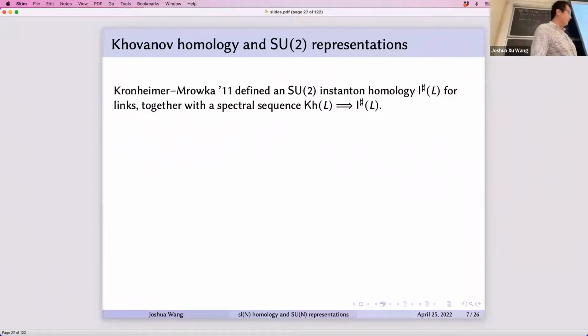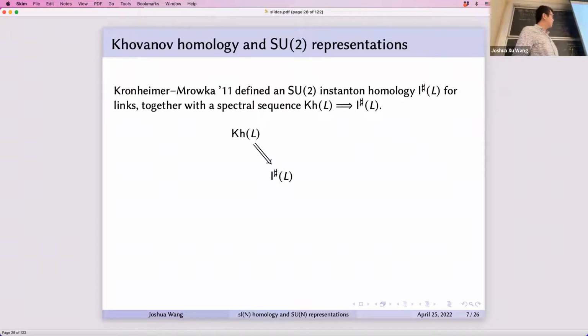Okay, so to tell you a little bit more about the picture in which this coincidence sits. Apparently, Kronheimer and Mrowka noticed this observation, and it inspired them to relate Khovanov homology to a version of instanton homology using SU2. They defined an SU2 instanton homology called I sharp, and they defined a spectral sequence from Khovanov homology to I sharp.